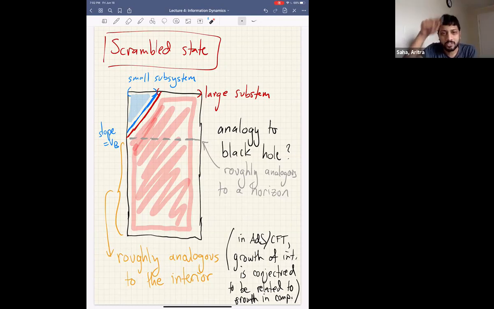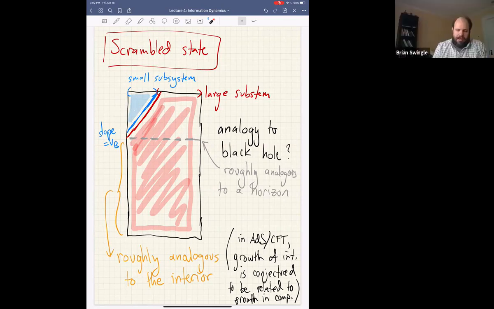So you also mentioned that when one crosses the Page time, the membrane changes its direction and sort of sees the interior of the black hole. I didn't understand why it sees the interior, because the horizon is along that gray dashed line, right? So the membrane can still stay above it instead of going in.